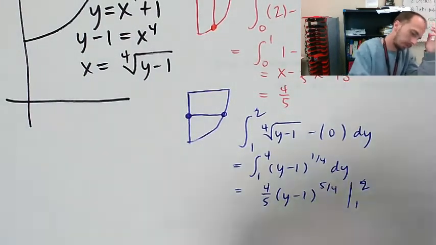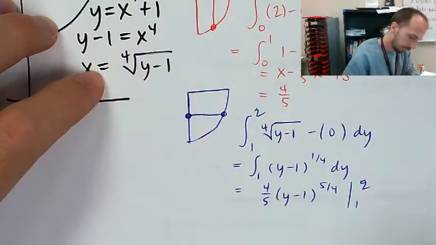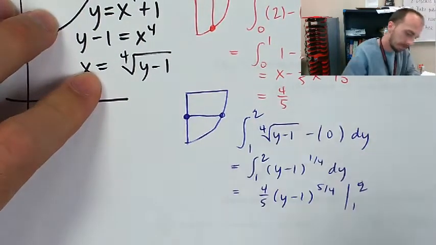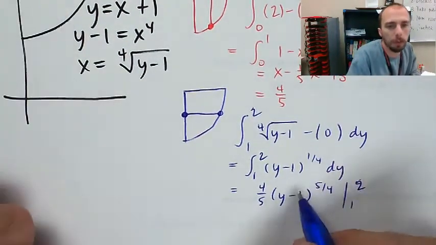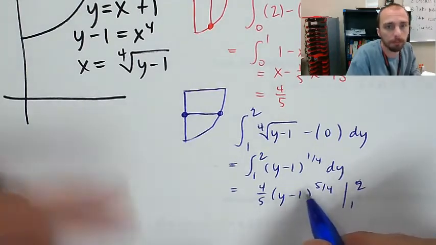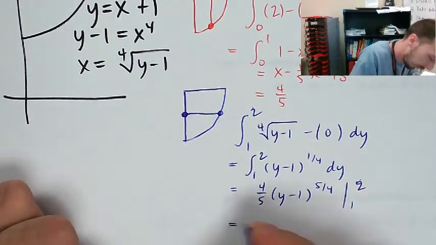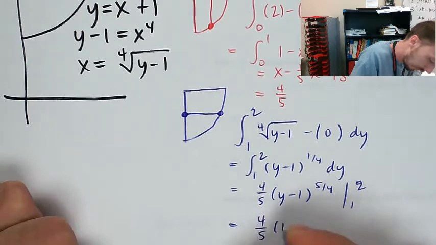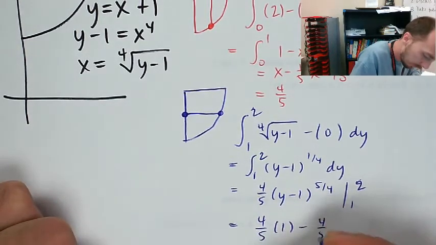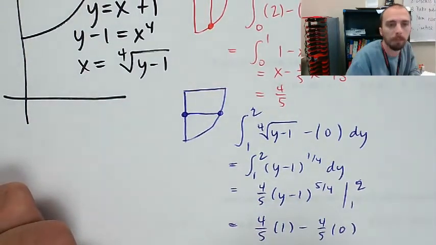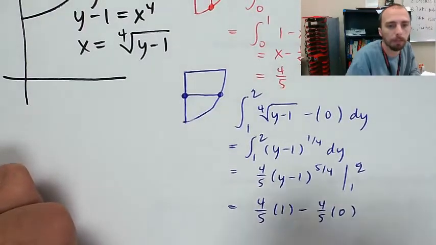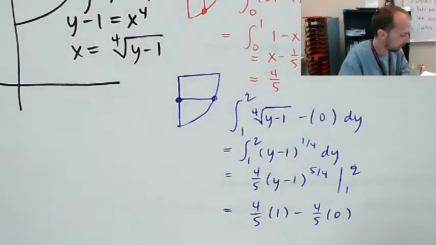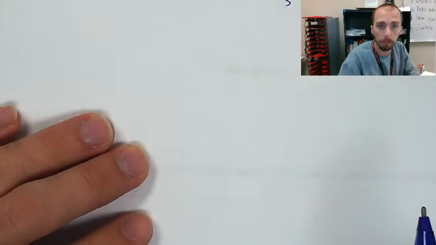I don't know what happened there. Right, so 2 minus 1 to the 5/4 is going to be, well, 1 to the 5/4. It's going to be 4/5 times 1 minus 4/5 times 0. And, well, that's going to be 4/5 again, which is kind of what we'd hoped to show. It's the same area, regardless of how we computed it.